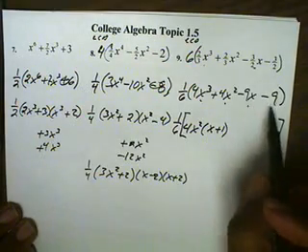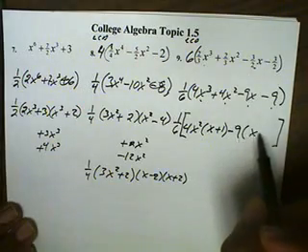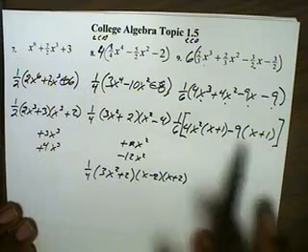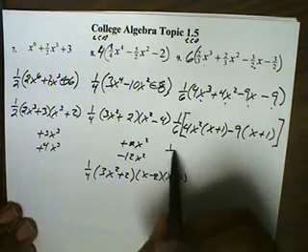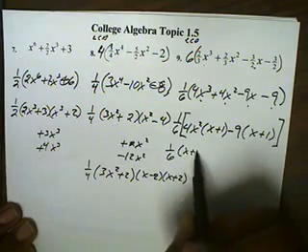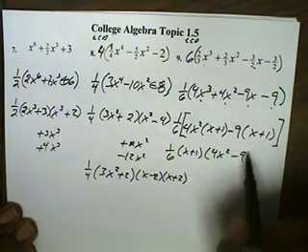And here, the greatest common factor, or the GCF, will be negative 9. So negative 9 times x plus 1. Now, pulling out all my GCFs, I will have 1/6 x plus 1, and that leaves behind the 4x squared minus 9.